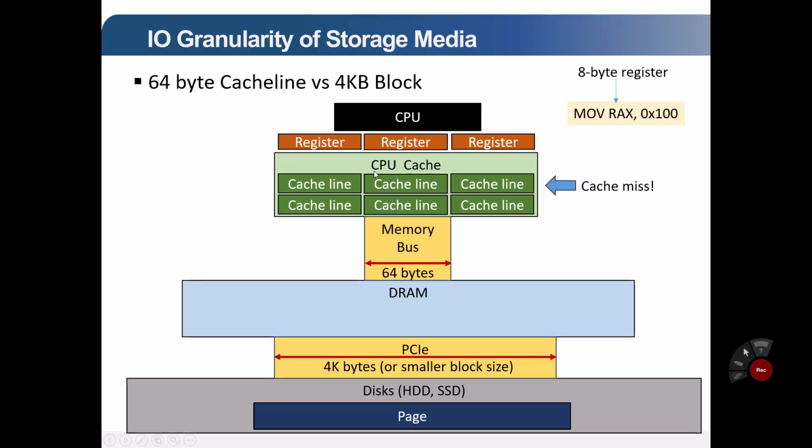In the CPU cache, we have multiple levels: last level cache, L2 cache, L1 cache, and the data granularity transmitted between DRAM and CPU cache is a 64-byte cache line. So when the CPU performs some instruction, it needs to bring a cache line from main memory. It will store the data in the CPU cache, and then eventually copy the data from the cache line to registers.